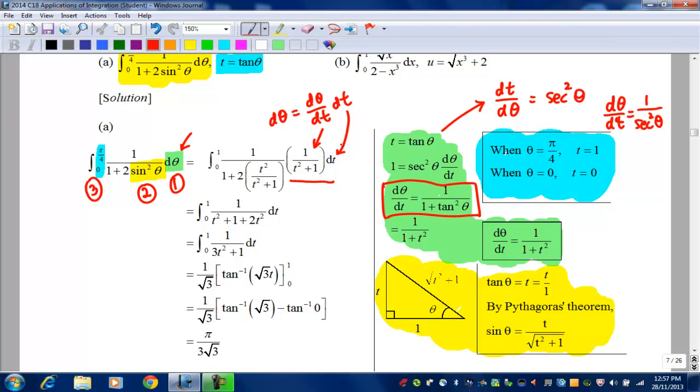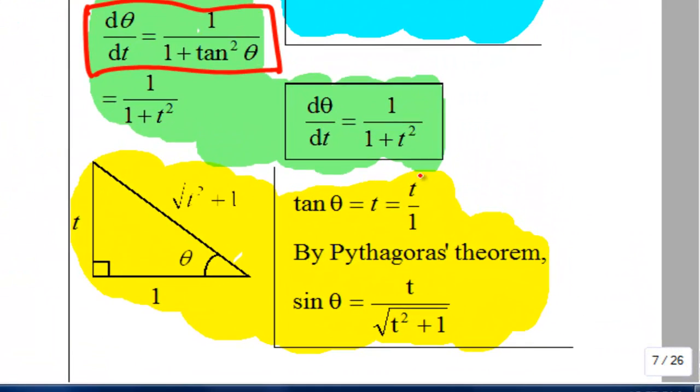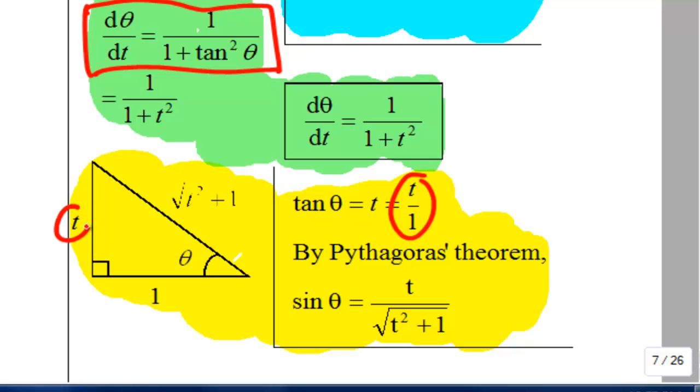So let's look at the yellow part. We are given t equals tangent theta. So in other words, tangent theta is t divided by 1. So looking at the right angle triangle, if this is our theta, since tangent is opposite over adjacent, t divided by 1 means that this is t, the opposite side, and the adjacent side is 1.